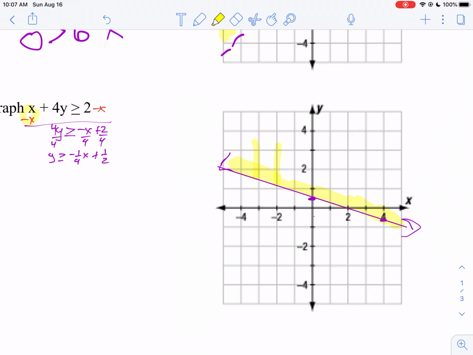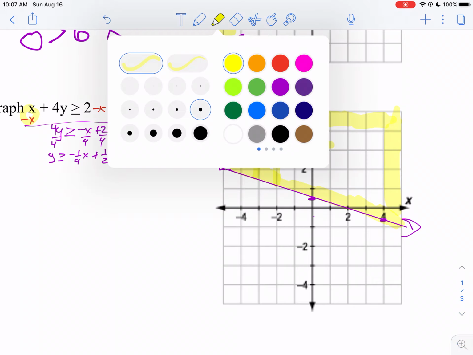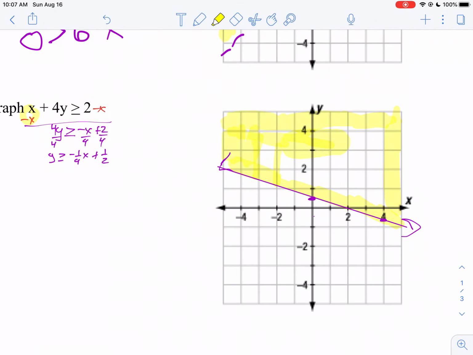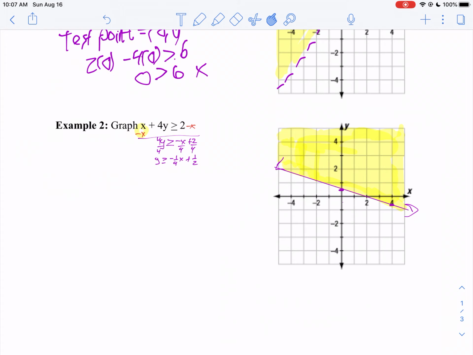And you get some Zen quality here by just coloring in your graph. There we go. That's graphing an inequality. Two examples of that.